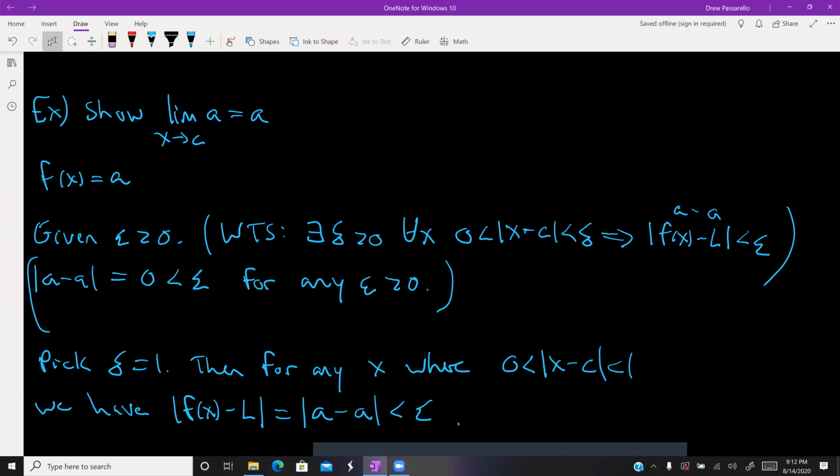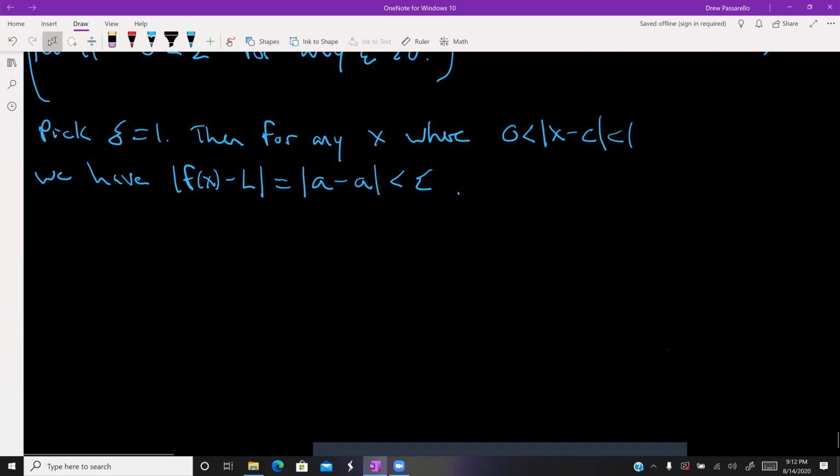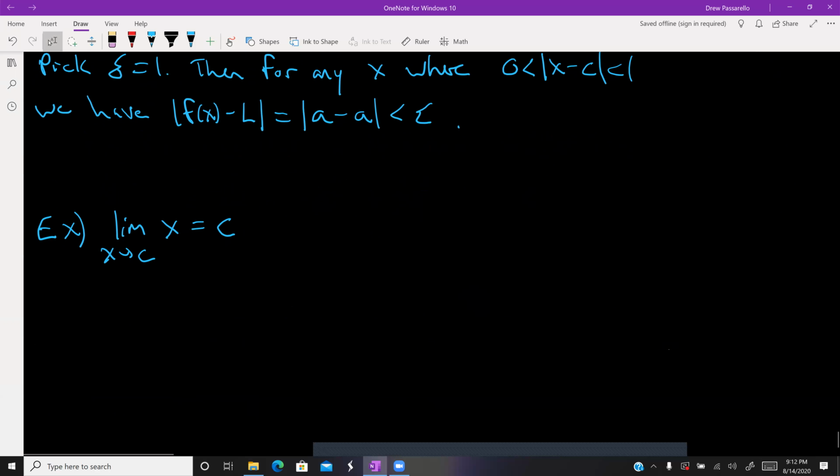All right, the next example, we're going to show the limit as x approaches c of x equals c. Our function f of x equals x.